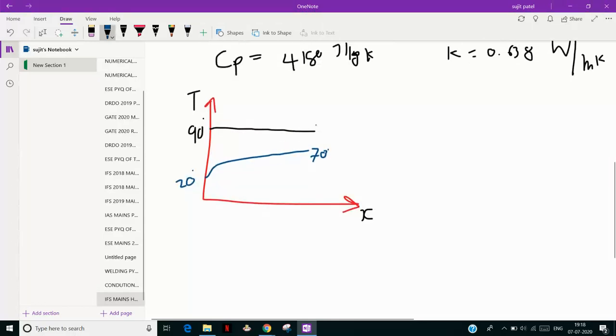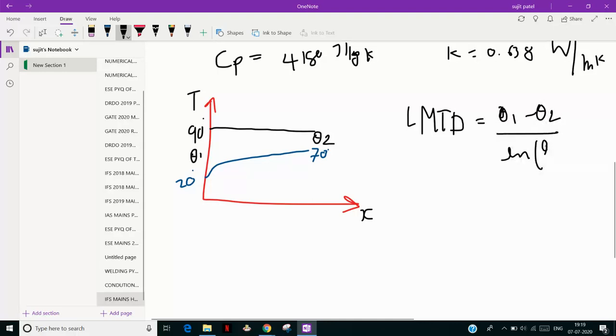So first what you have to do is find out LMTD. This temperature difference is theta 1 at inlet, and at outlet the temperature difference of the surface and fluid is theta 2. So LMTD is theta 1 minus theta 2 upon ln theta 1 by theta 2.